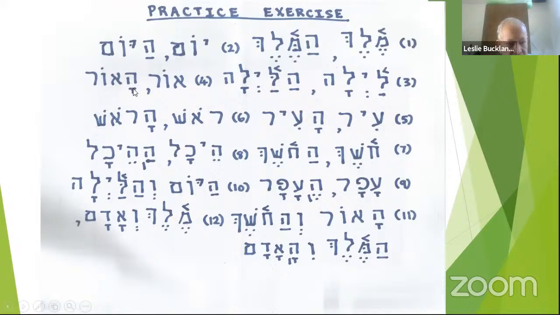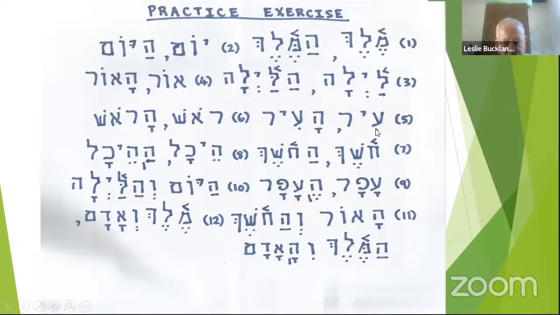When you put the definite article before a word that begins with a weak guttural, such as Aleph, then you're going to have the lengthening of the pathak of the definite article to its corresponding long vowel, which is kames. So pathak a becomes kames a, ha or, the light.